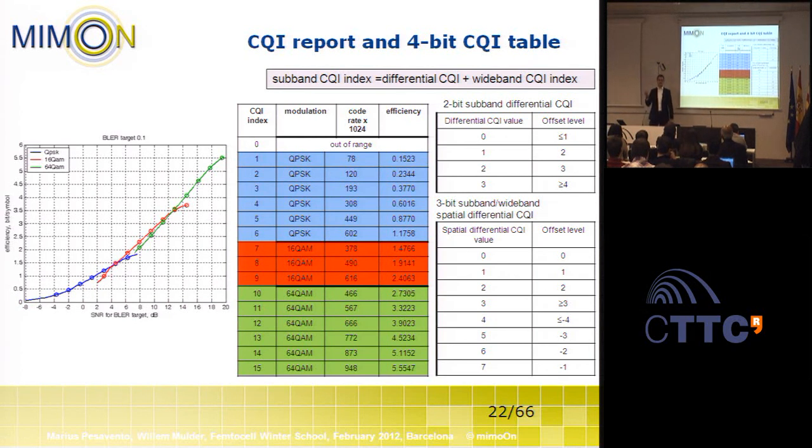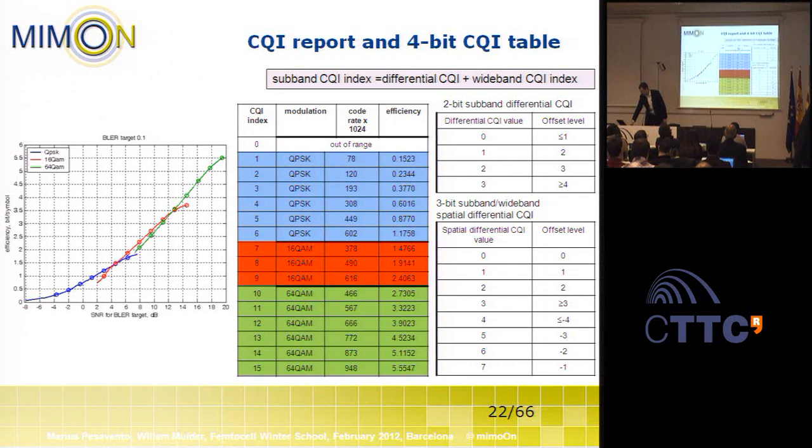So the target in LTE is basically to have retransmissions in 10% of the times. So we should not always have perfect transmission. It's more effective if every once in a while you have a retransmission.